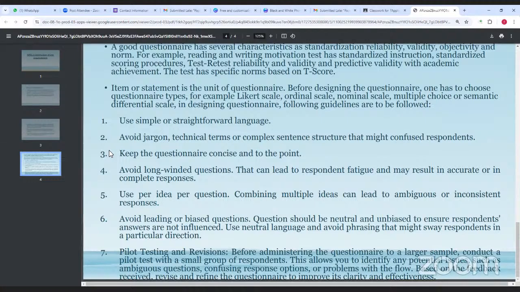And initially, you have to do some pilot testing. After that, you have to collect a large number of data for the norm establishment.